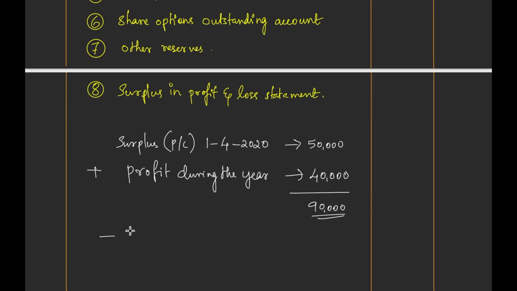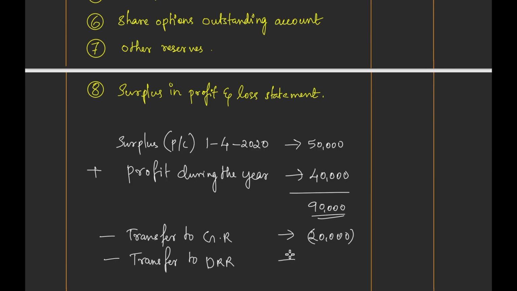Transfer to general reserve, how much? Let's say 20,000. Then the company has decided to transfer some amount to debenture redemption reserve, so around 10,000. So what will be the balance? 90,000 minus 20,000, 70,000, minus 10,000, 60,000.